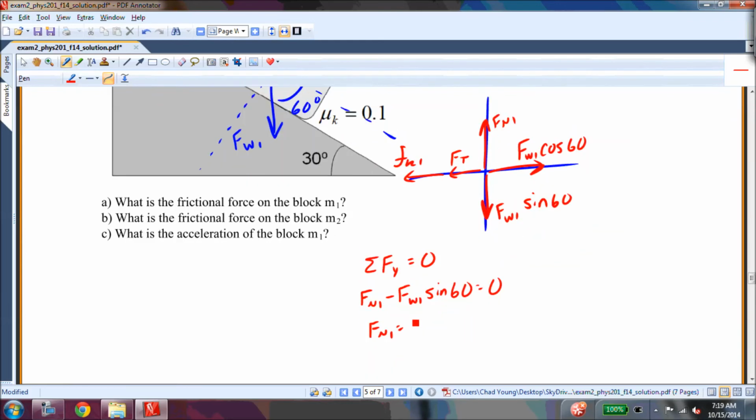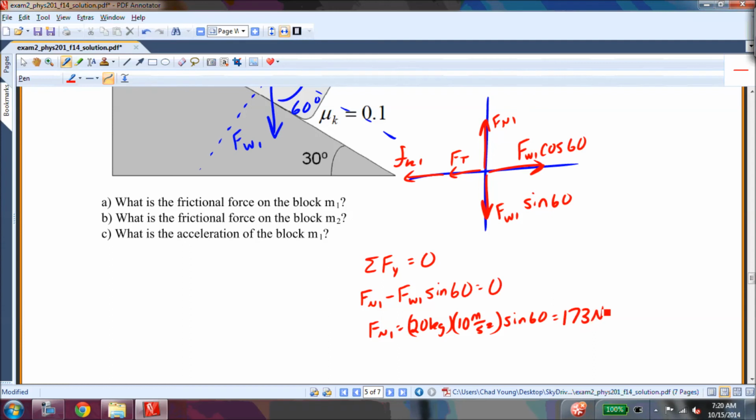Let's see, this is a 20 kilogram block, so 20 kilograms times the acceleration due to gravity, 10 meters per second squared, times the sine of 60. That's equal to 173 newtons.